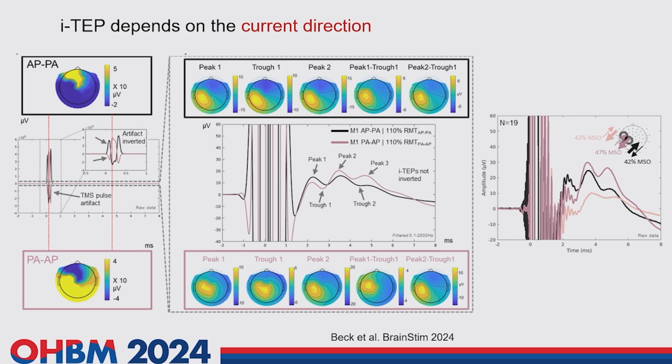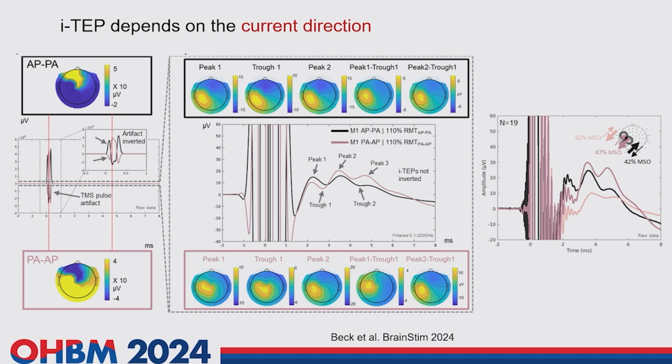And another thing is that when we were stimulating with the same intensity in the second direction, the less favorable direction, the response was much lower. Then we had to adjust the intensity on the new direction to have the same level of response.